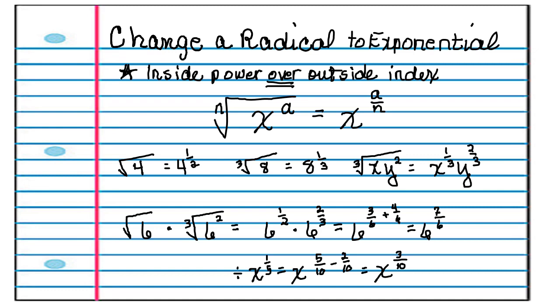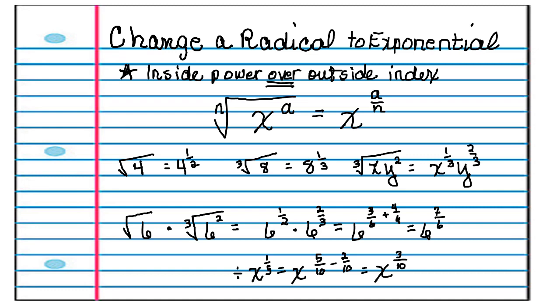That is, if we have an index of n root over the base x to a power a, then we would have x to the a over n. There's our fraction. So the square root of 4 equals 4 to the 1 over 2. That is, 4 has a power of 1, and a square root has an index of 2.